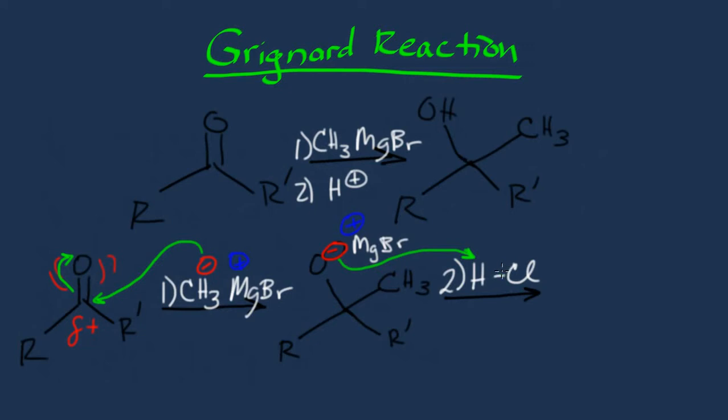The electrons that were bonding the hydrogen to the chlorine get bumped onto the chlorine, and you end up with our final product. So we've done it. We've created an alcohol with our methyl group attached, and don't forget our R groups. And we don't care about the yellow junk that's floating around in solution because we've made our product right here.